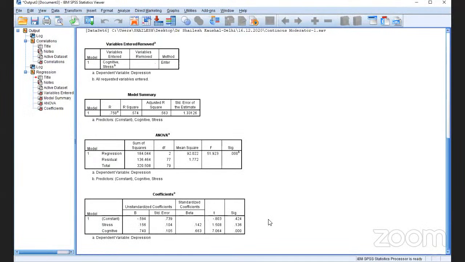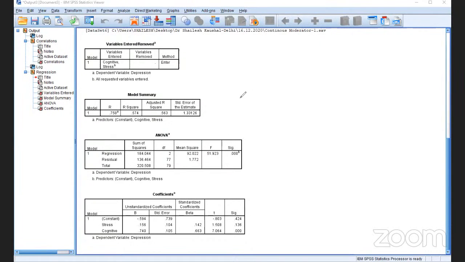This is the output, you can see. When we include both the variables, now it changed the relationship. You can see when I include stress and cognitive simultaneously, the relationship changed.